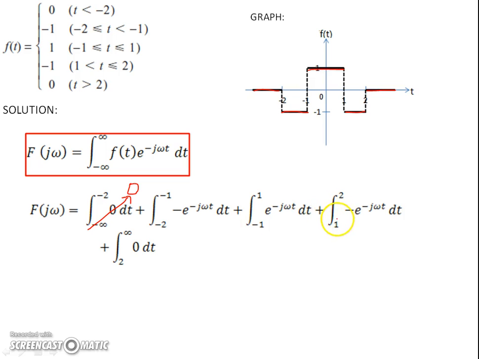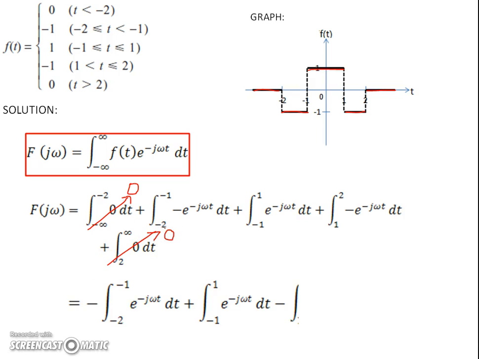From 1 to 2, f(t) is equal to -1, so the integral would be negative exponential minus j omega t dt. From 2 to infinity, f(t) is equal to 0, so that integral would be 0, and we would only be left with three things to solve.